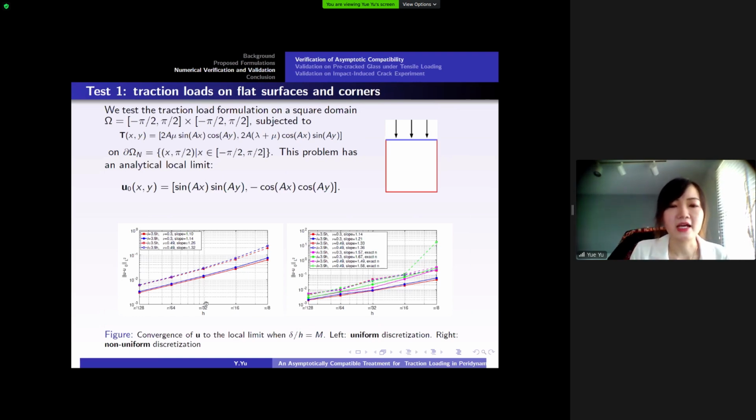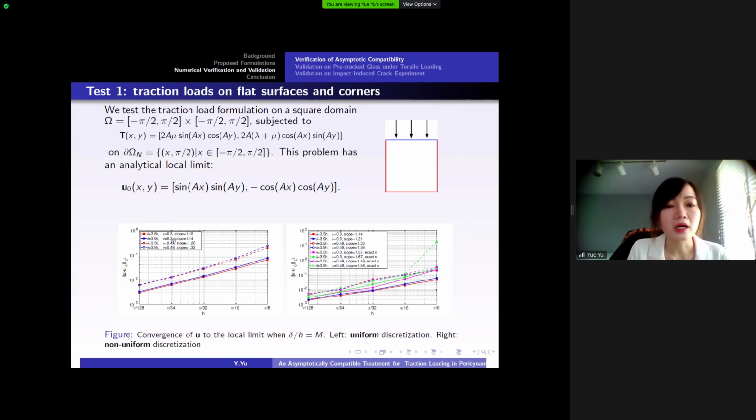On the left-hand side, we show the results from the uniform discretization. On the right-hand side, we show the results from non-uniform discretization, obtained by perturbing the uniform grids by 20%.